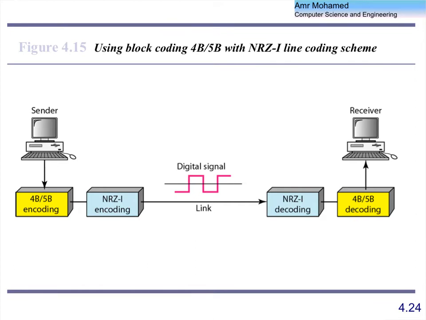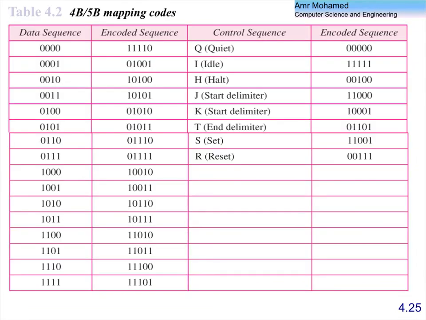Of course, we have to do the block decoding at the other side to revert back to the original. So that's how it looks. The input itself will have all the combinations. So we have 16 input bit combinations, and we will map these into the 5-bit combinations here, such that the number of zeros and ones is more balanced. So for example, here we have straight zeros.